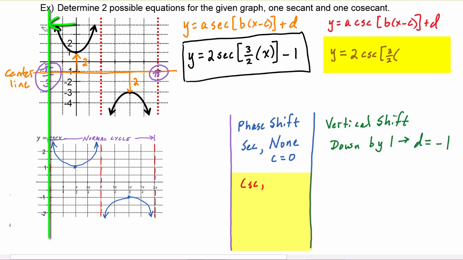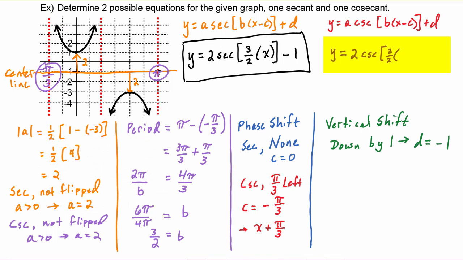So for cosecant, we do have a phase shift. It is pi/3 left. Now, because it's to the left, that means C has to be -pi/3. And remember, that means when we write it in our function equation, we're going to put x plus pi/3.